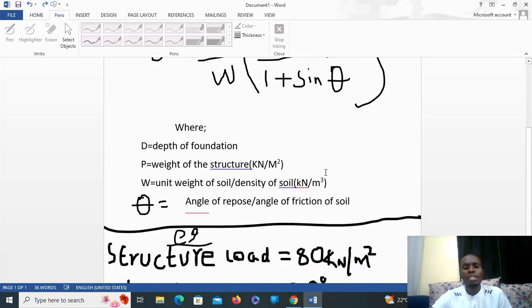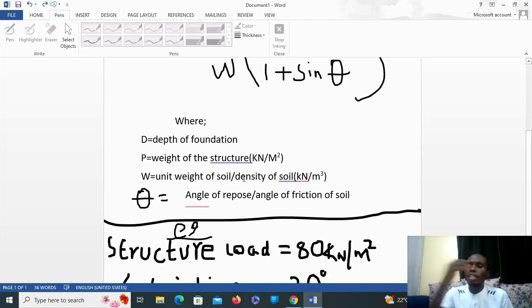And you will realize that in these international standards we have the unit weight, or simply the density of the soil, and the density of dry soil and wet soil normally varies.